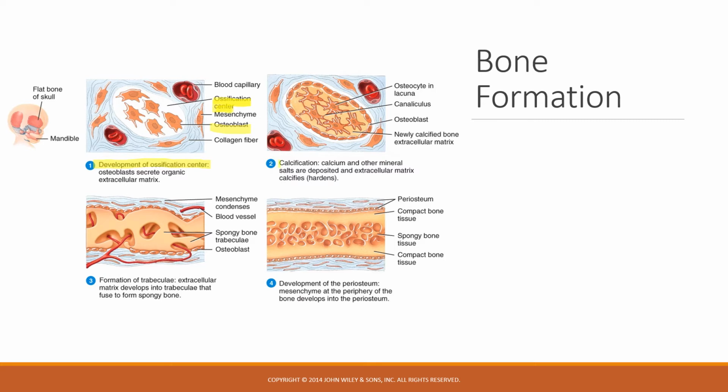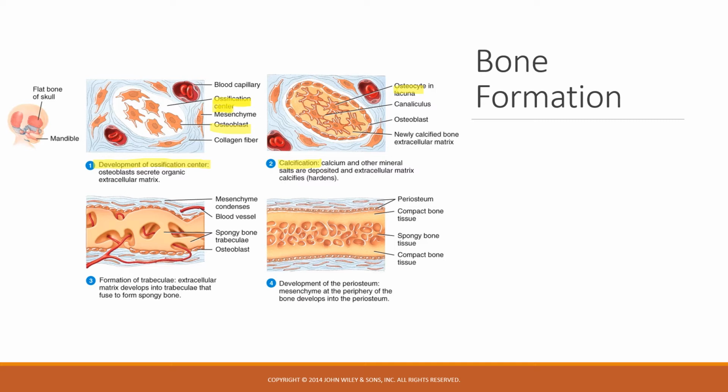Step 2 is going to be calcification. Next, the secretion of extracellular matrix stops, and the cells, now called osteocytes, are completely encased in the extracellular matrix that they were secreting.